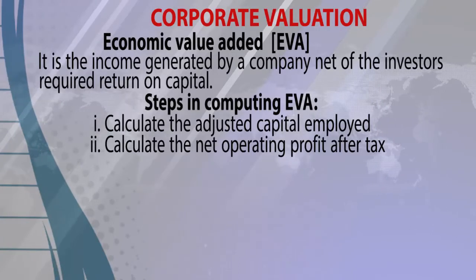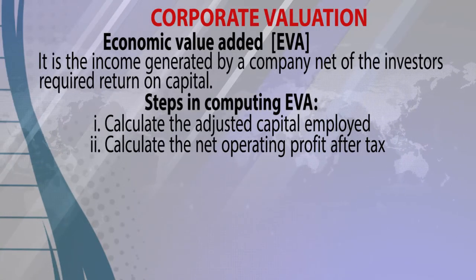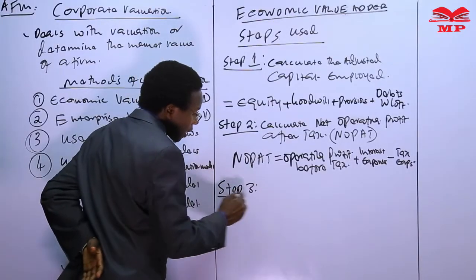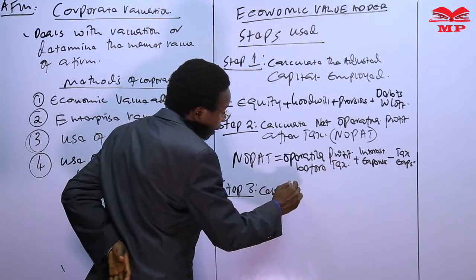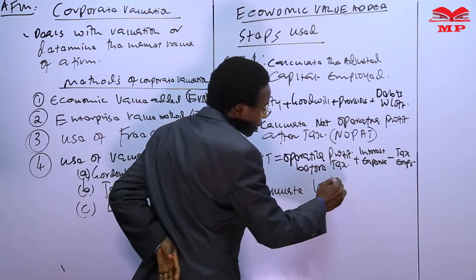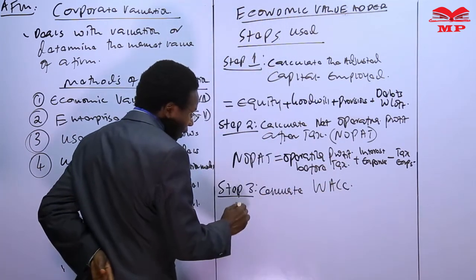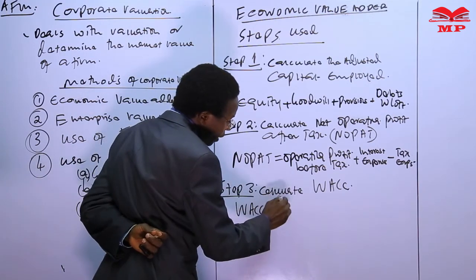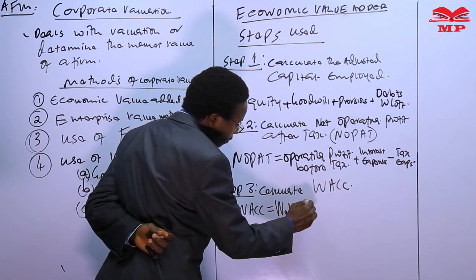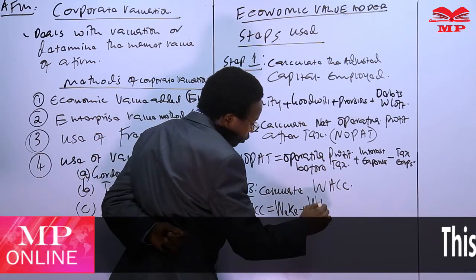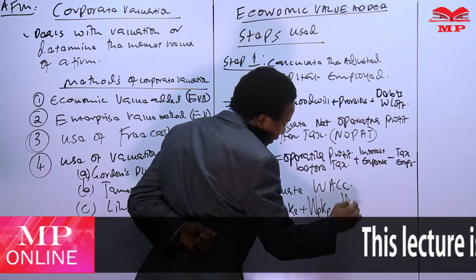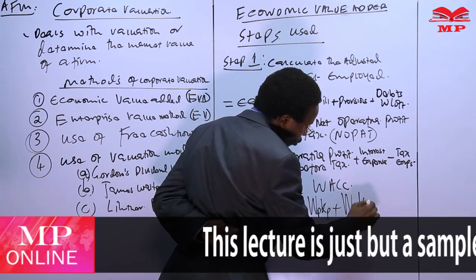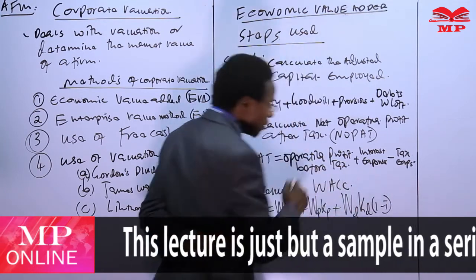Then we move on to step number 3. We calculate WACC. Remember, WACC is equal to the weighted cost of equity, plus the weighted cost of preference share capital if you have it, plus the weighted cost of debt times 1 minus T if you have it.